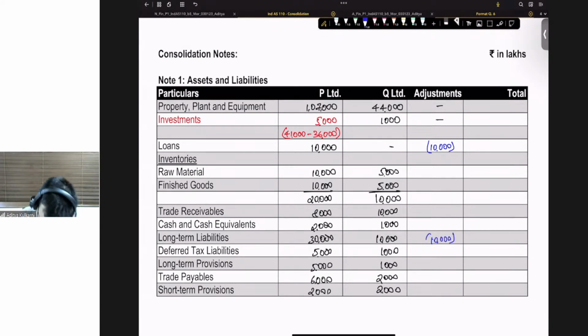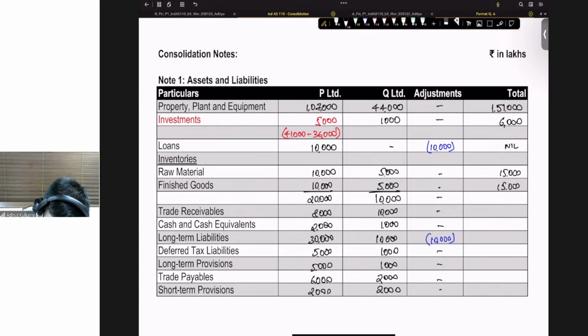Both the places it will get deducted. After that, just go on adding. 1,51,6,000. This will become 0.